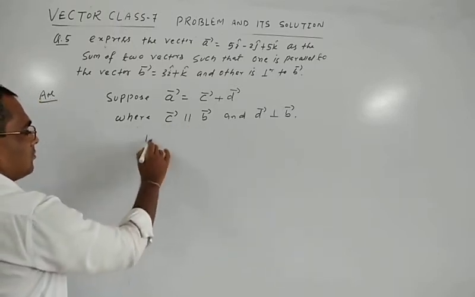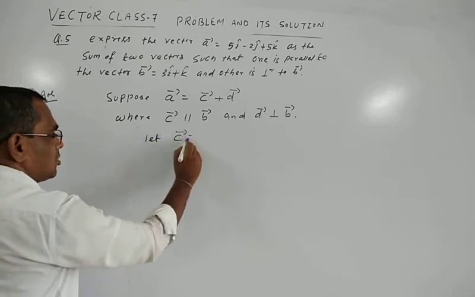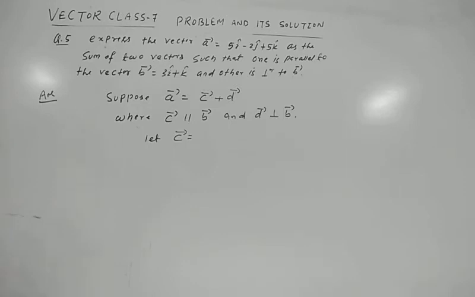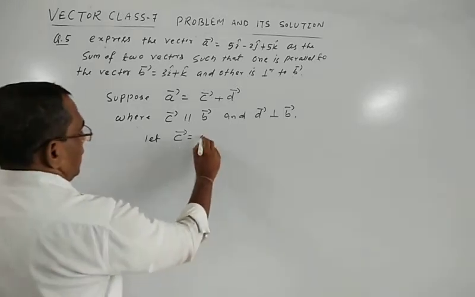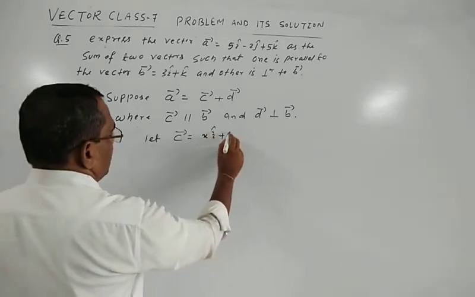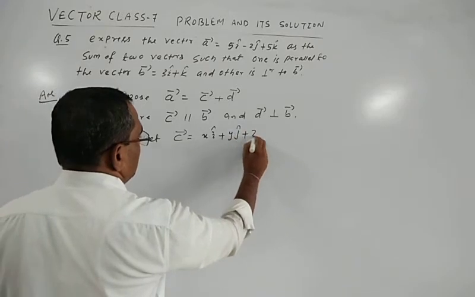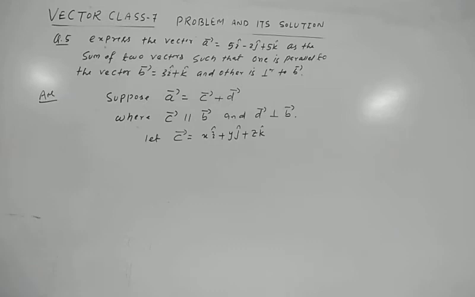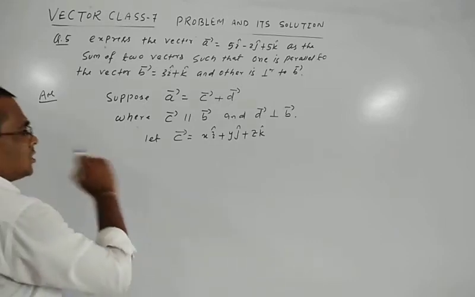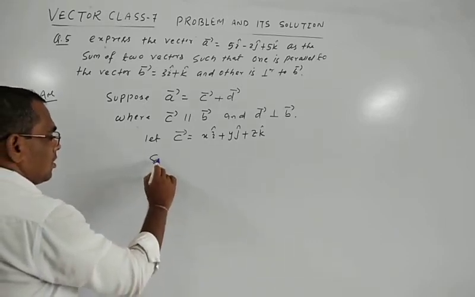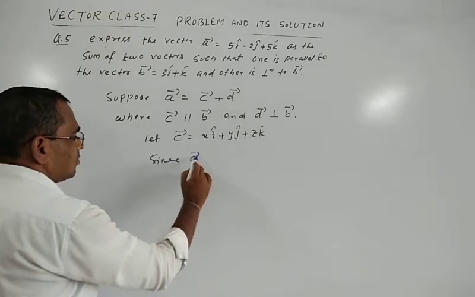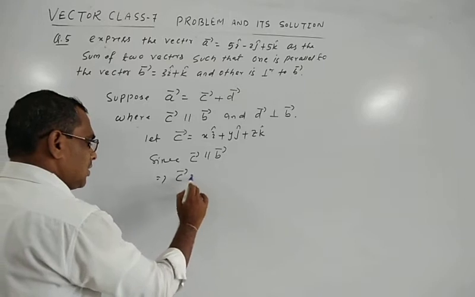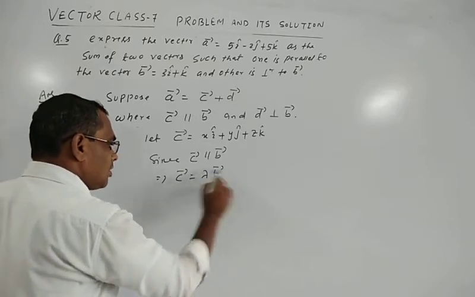Let c vector be equal to x i cap plus y j cap plus z k cap. Now we calculate the value of x, y, z. Since c vector is parallel to b vector, that implies c vector is equal to lambda into b vector.